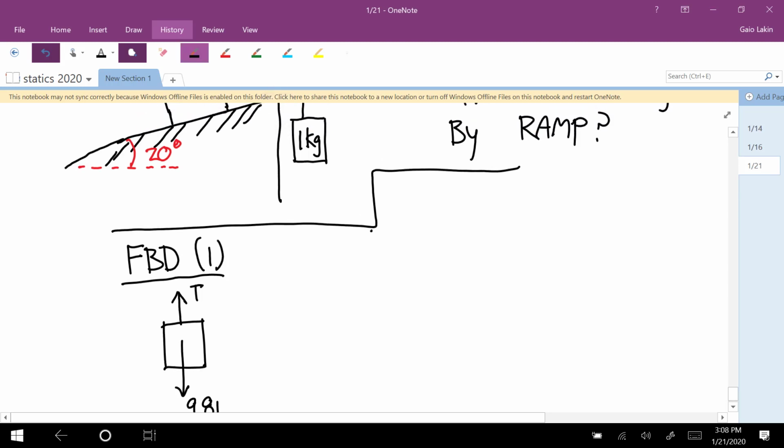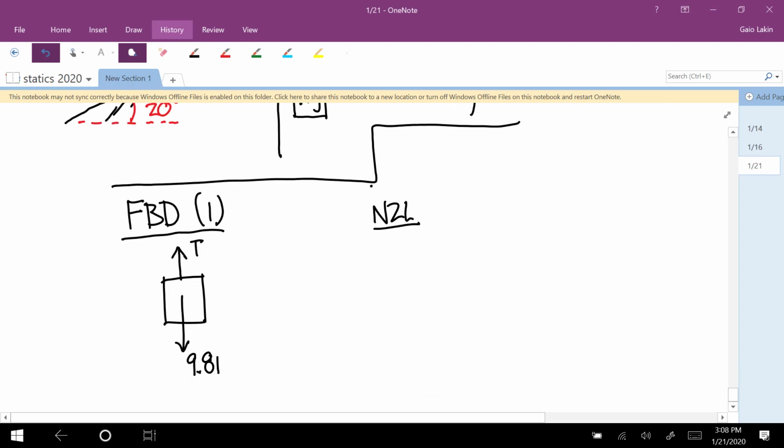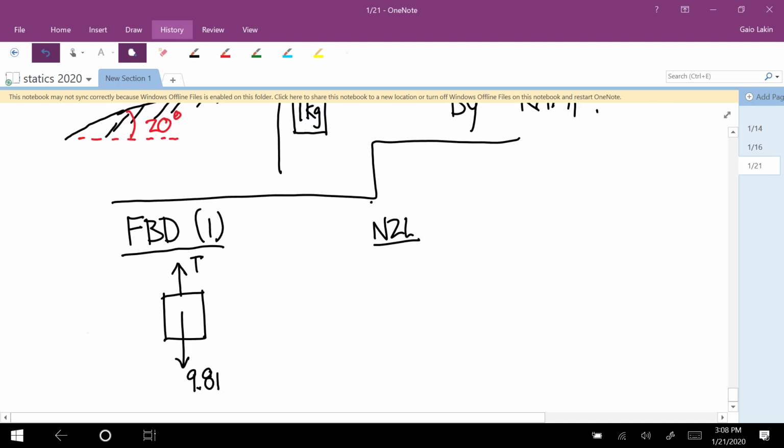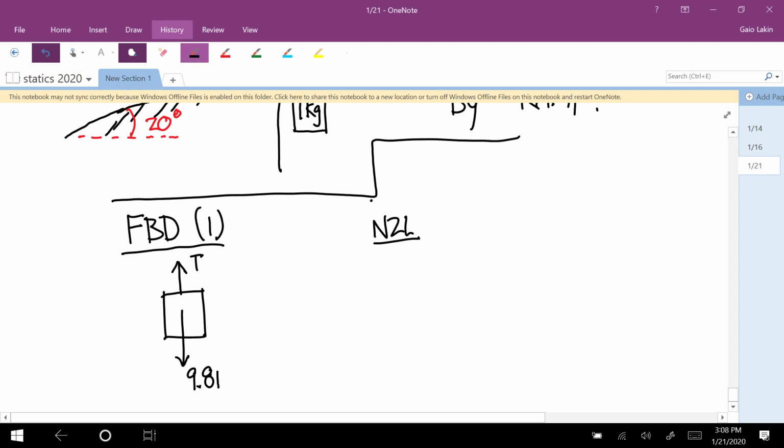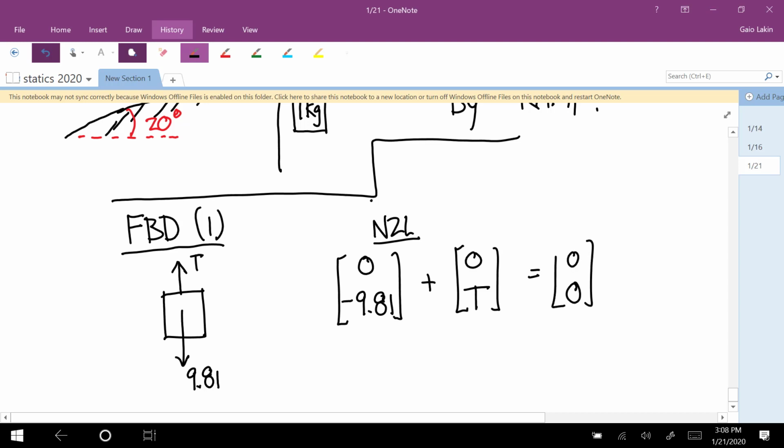And so now based on this, we'll go to Newton's second law. And so we have a downward force of 9.81 as a vector that's 0, negative 9.81. And we have an upward force of T, so that's 0, T. And those have to add up to a 0 vector because there's no acceleration.